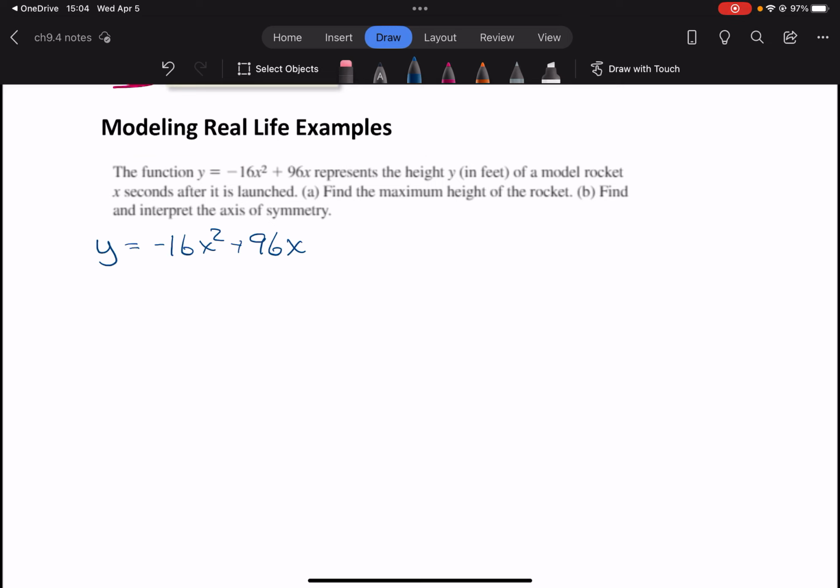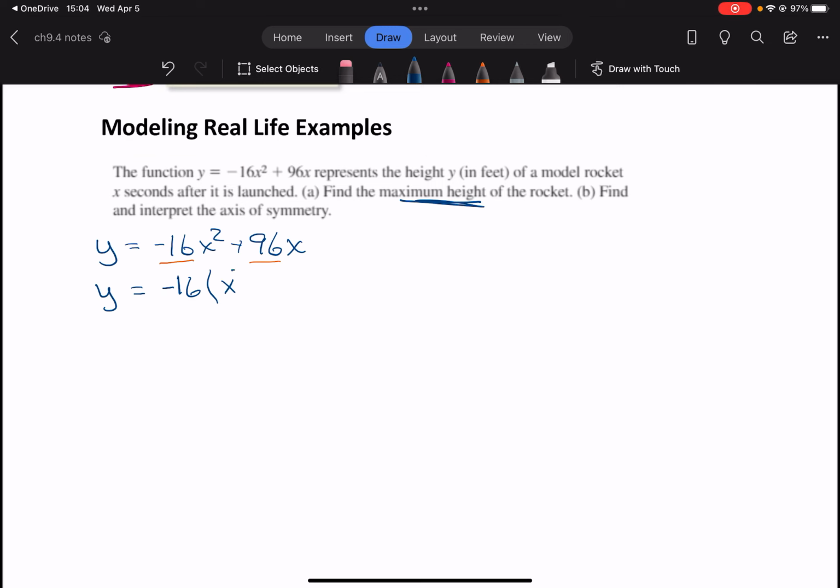So one thing that I want to do is find the maximum height, and this is the easiest way to get the maximum height. And so I want to go ahead and start to rewrite some stuff. So y equals, I'm going to factor out this negative 16 out of both of those. So I'm going to write down negative 16 times x squared here.